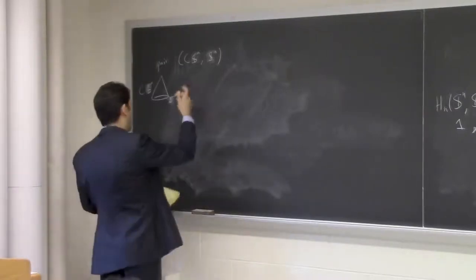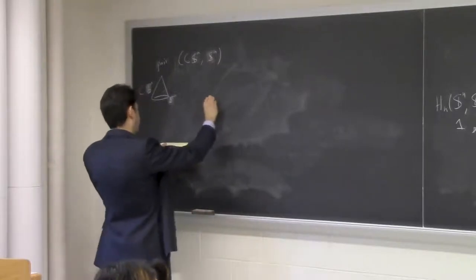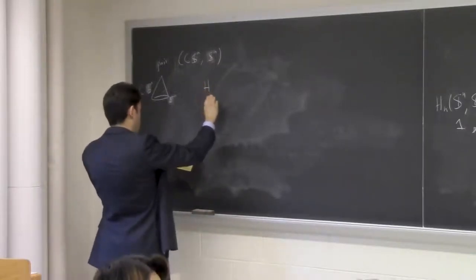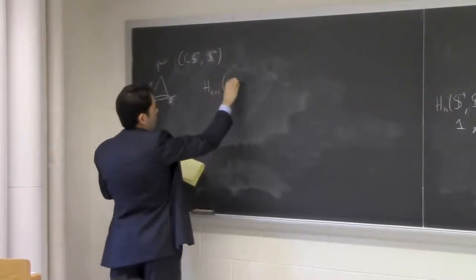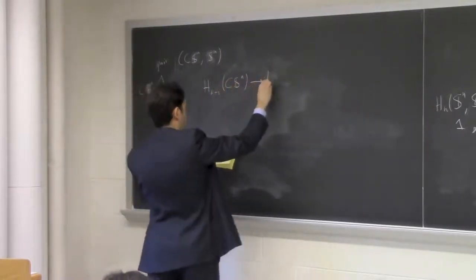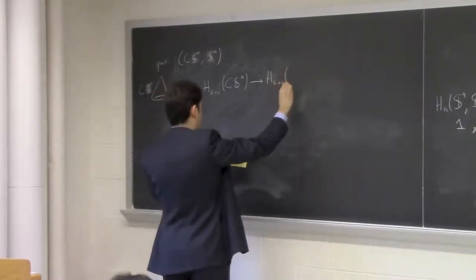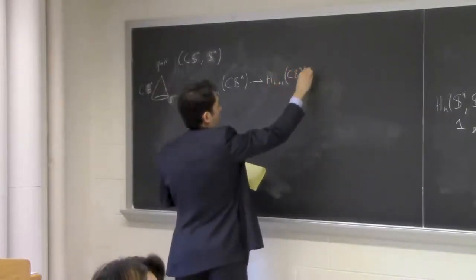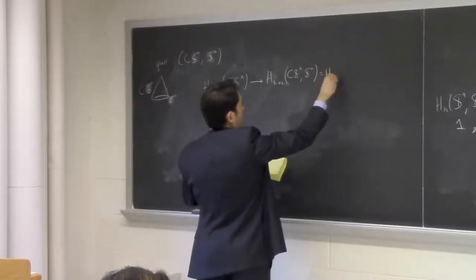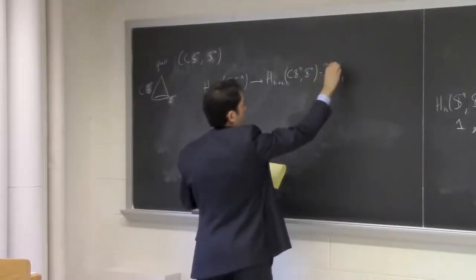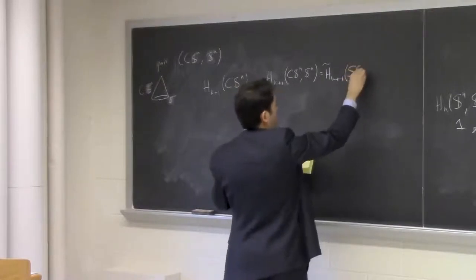Right? So we look at the long exact sequence. And here is the relevant piece. Well, actually, whatever. H_{k+1} of the cone on Sn. We map this to H_{k+1} relative, right, which is the same as the reduced homology of the suspension.